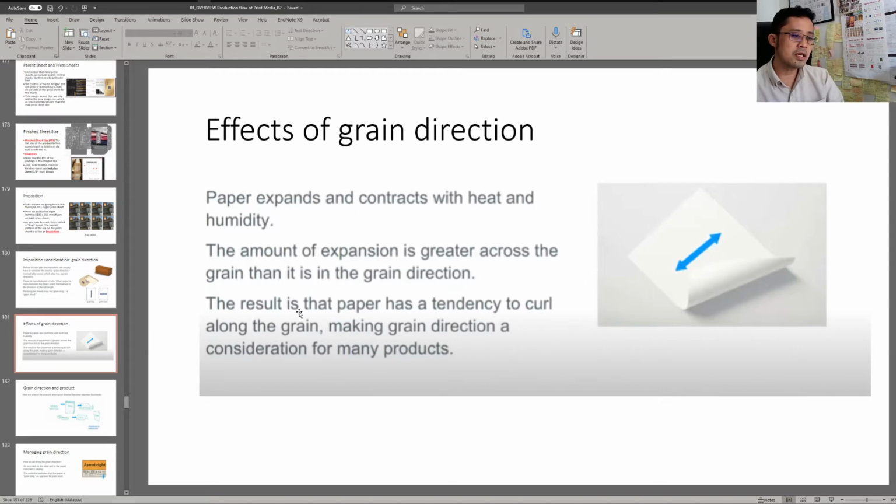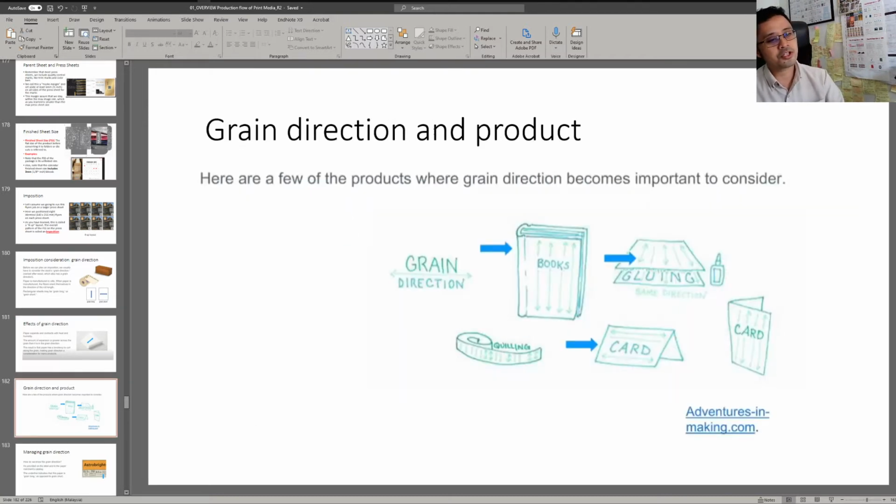So the result is that paper has a tendency to curl along the grain, making grain direction a consideration for many product. Jadi menyebabkan paper tu boleh jadi curl, melengkung along the grain. I will give you some example on this. Okay. So dia prone to the lengkungan tersebut. Dia akan melengkung.